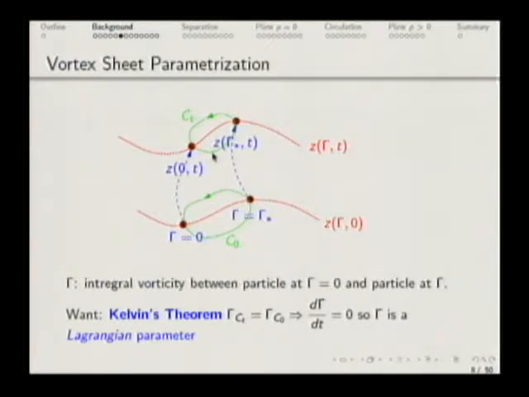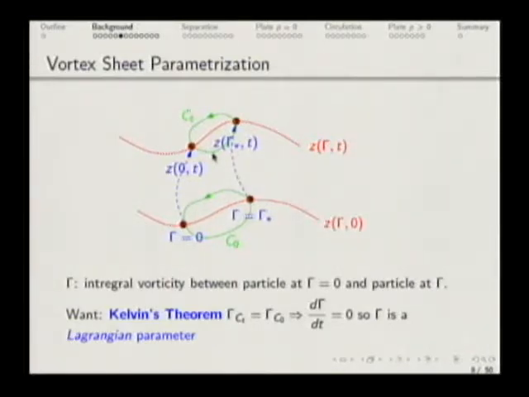The sheet is parametrized by a parameter. One of the possible parameterizations is by a parameter gamma that changes along the sheet, and I want gamma to be a circulation parameter. What that means is if I have a point parameterized by gamma equal to 0, and another parameterized by gamma equal to gamma star, then gamma star is exactly the circulation contained in this curve.